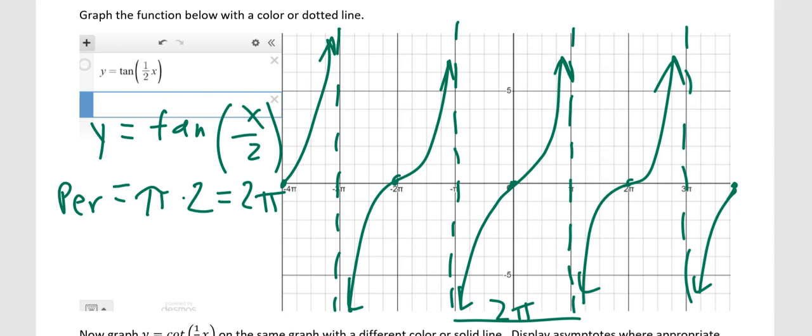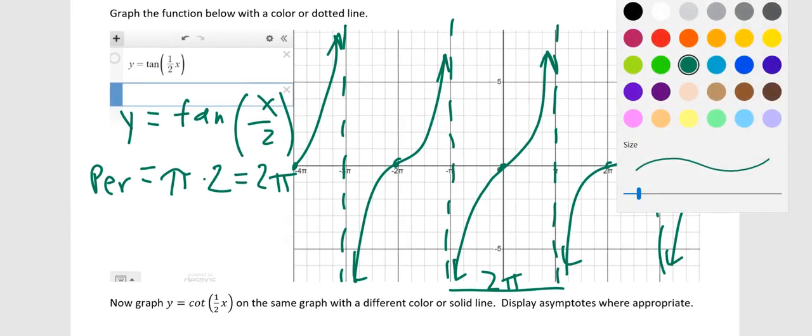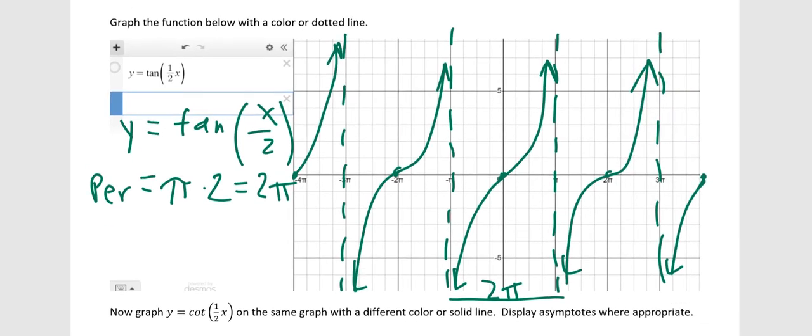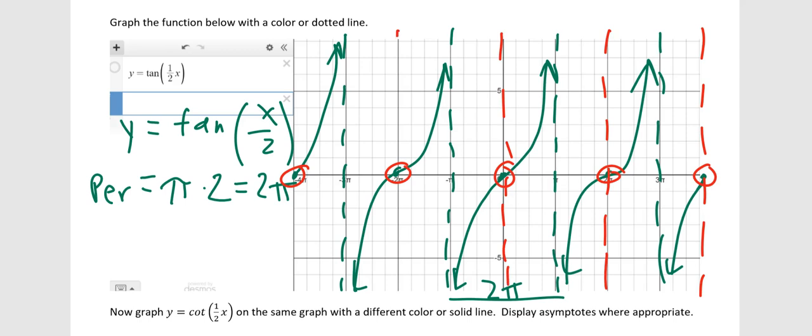Okay. How do I use this to graph a cotangent wave? Okay, so what happens at these x-intercepts that I'm circling in red? Those are the new asymptotes. I know this is going to be messy, folks. We've got our new asymptotes for the cotangent function.